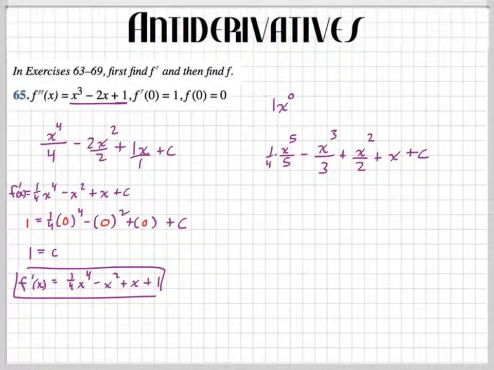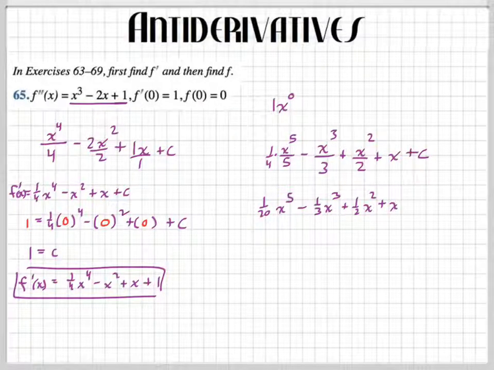We got x to the 5th over 5, so we just go 1 times 1 over 20. And then we have minus 1/3 x to the 3rd. Then x squared, and then x, and then plus c.